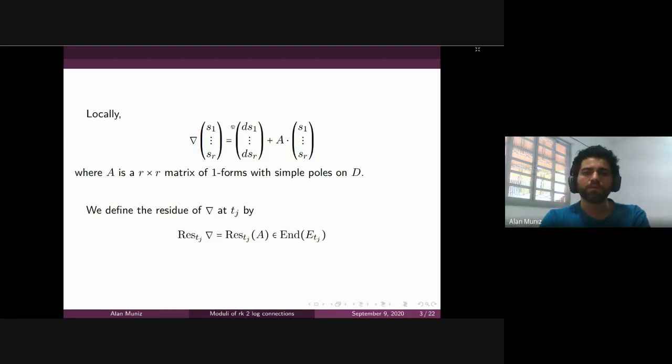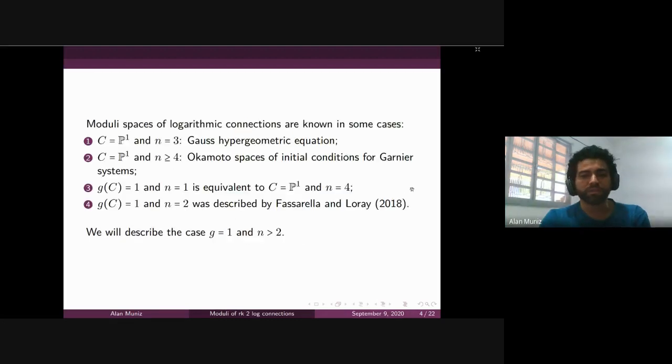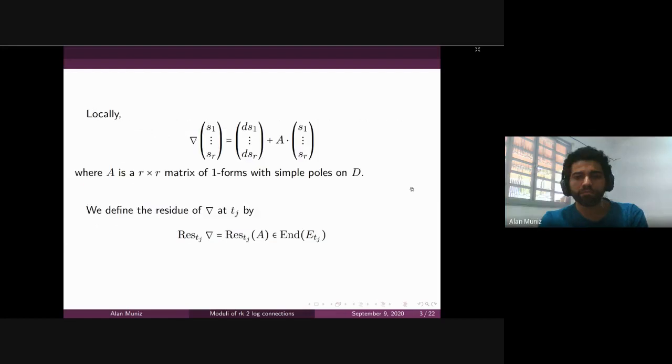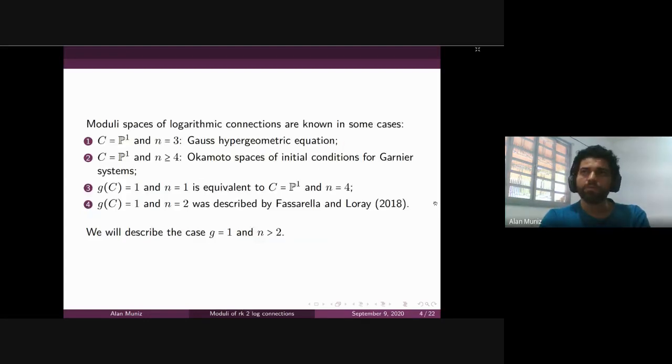If we fix some trivialization, we have the matrix A, but if we change the trivialization, we only change coordinates here. So this is a well-defined element of the endomorphism group of the fiber of the vector bundle. Here we are talking about the fiber of the vector bundle, not the stalk of the sheaf. That's to be clear.